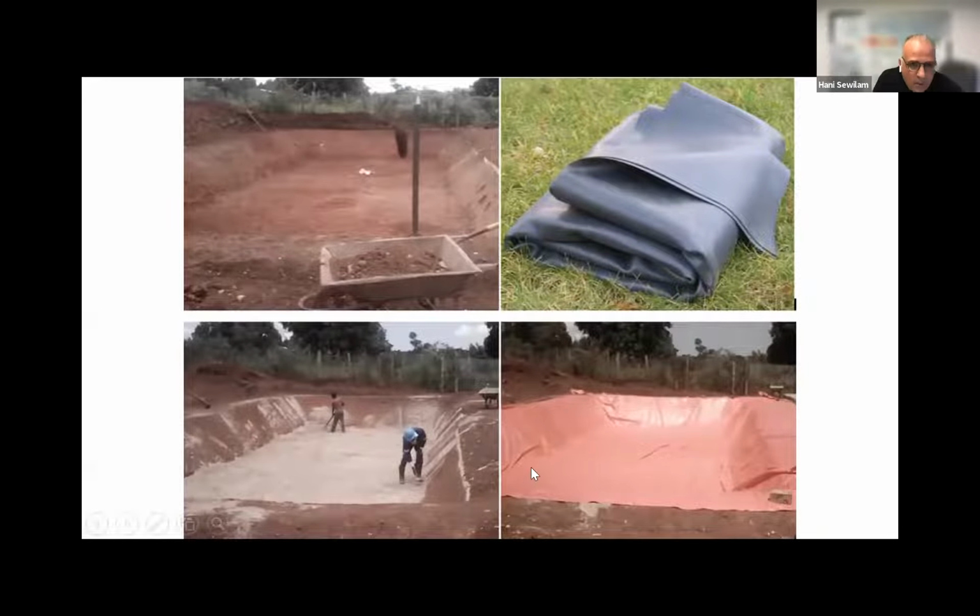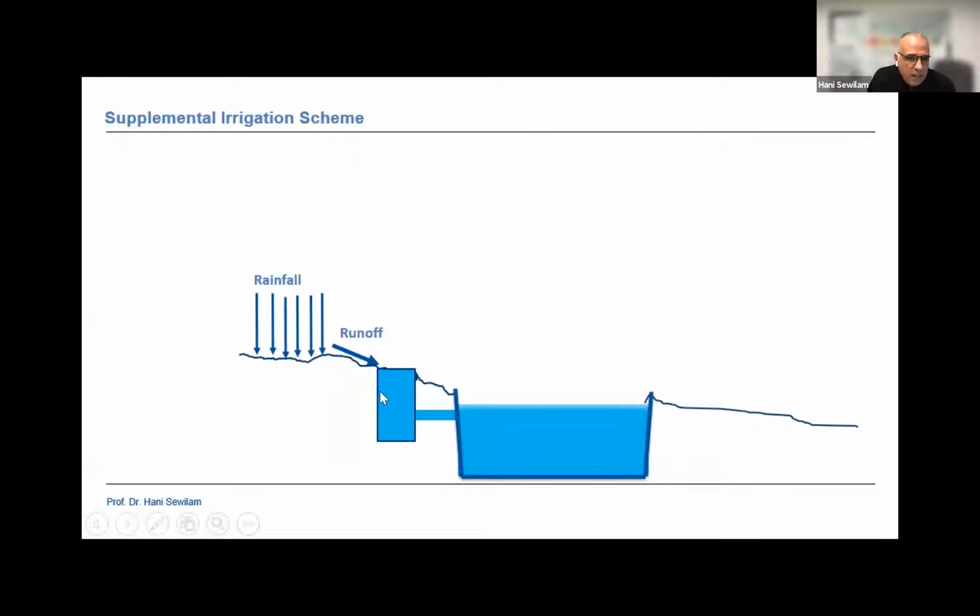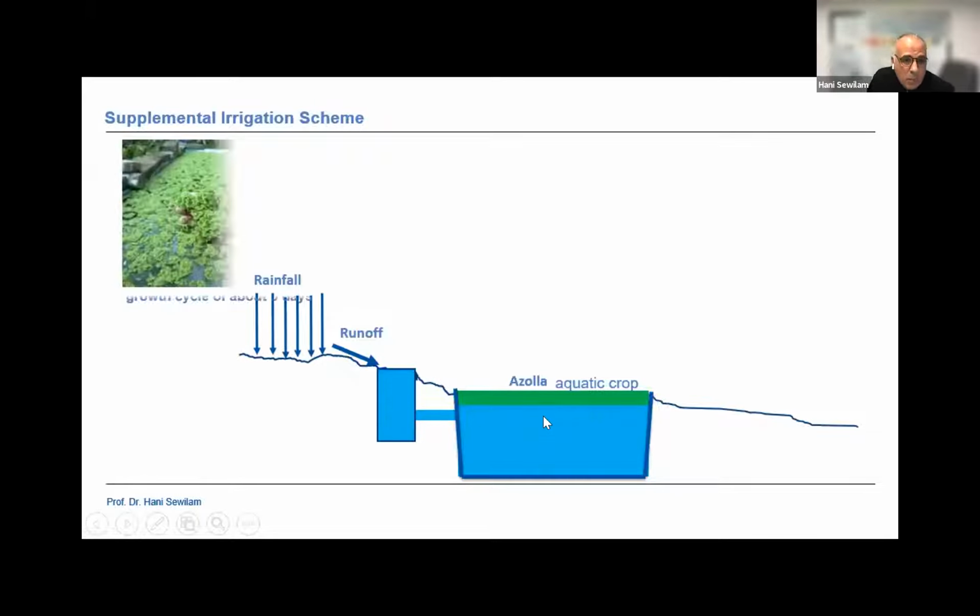And it's known, I'm not saying that we created this, but the system we try to install here is when you have the rainfall during the rainy season, you can settle the sediments in a small reservoir, and then take the clean water to another pond, the one you saw in the picture, and then you cover it to avoid evaporation and also to avoid mosquitoes, because storing water in such countries has a problem of mosquitoes.